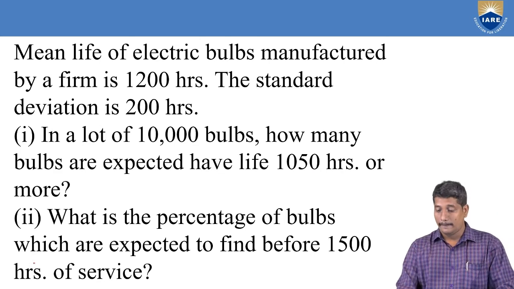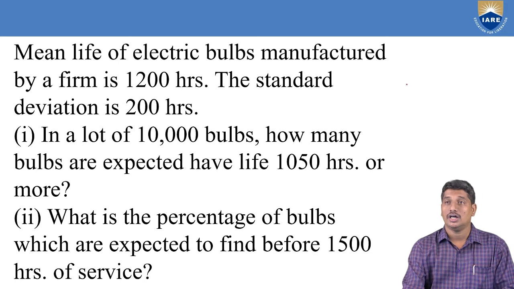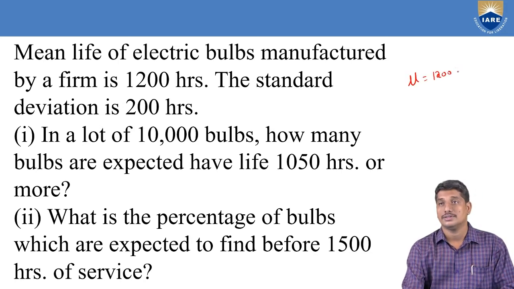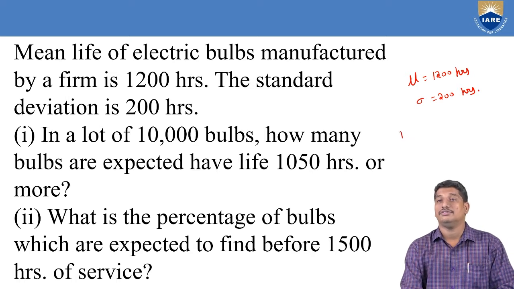So according to the data, the mean is 1200 hours. The standard deviation is 200 hours. Okay, and in the first part, we are supposed to calculate for the sample of 10,000 bulbs. Here I am writing the sample size, that is 10,000 bulbs we are inspecting.